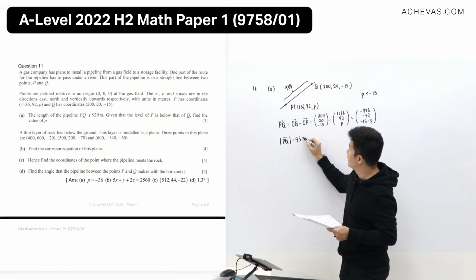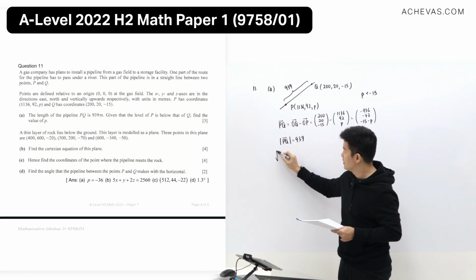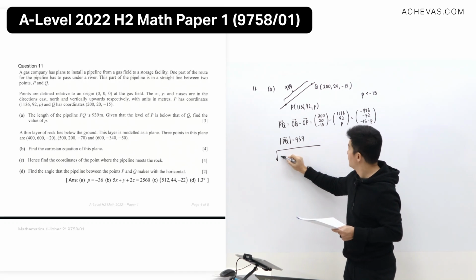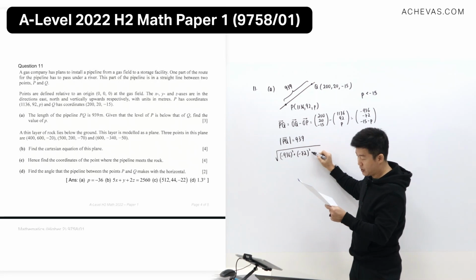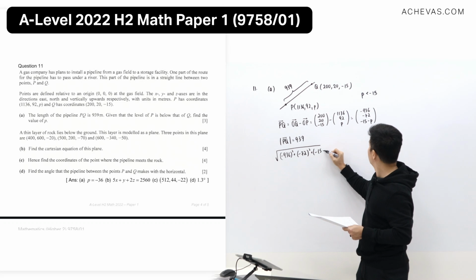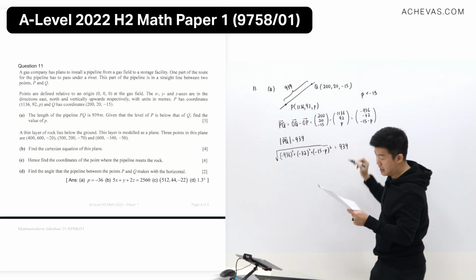The distance, which is the modulus of PQ, is given to us as 939. So the distance based on the position vector of PQ is going to be the square root of -936 squared plus -72 squared, then plus (-15 minus P) squared. This is equal to 939.